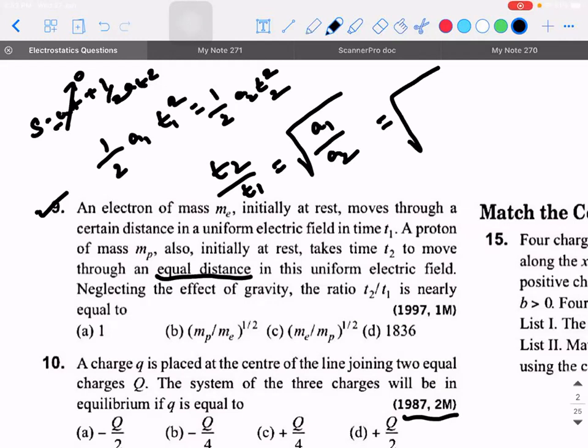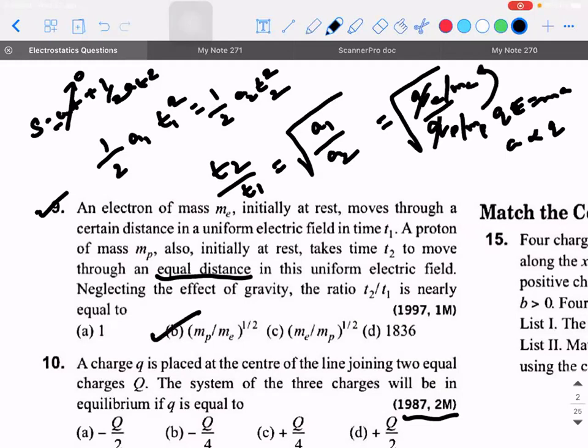Okay, QE divided by ME, QP divided by MP. What will the answer be? MP by ME under a root. It is B, no? MP will go to the numerator. QE and QP are the same. I think that's the right answer. Yes, it should be MP by ME. I hope you're clear.